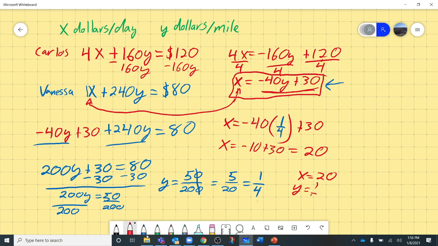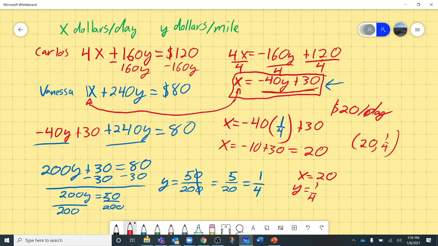Well, what does that mean? If I wrote that as an ordered pair, I have the point 20, 1/4, and that is the correct answer. But what does it mean? If someone asks you, 20 what and 1/4 what, if we go back to where we defined things, x is the dollars per day. So 20 means it costs whoever rents cars from Ace Car Rental $20 per day.